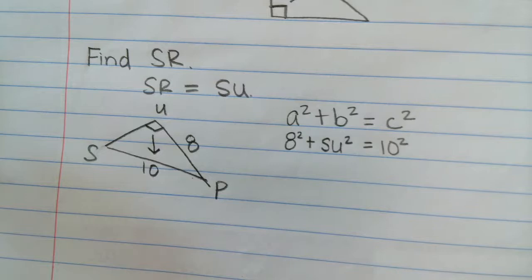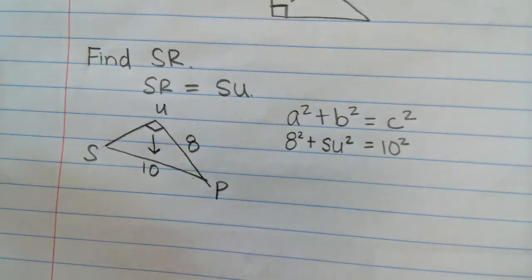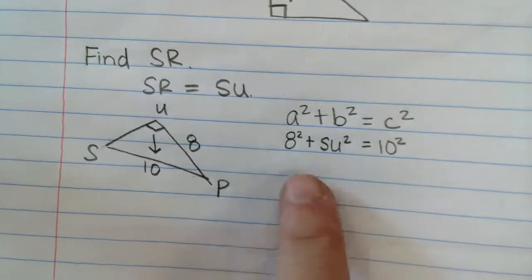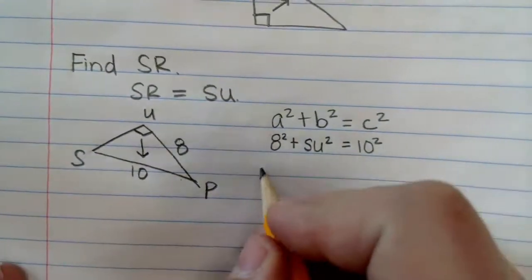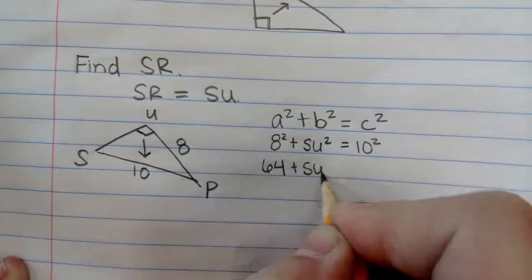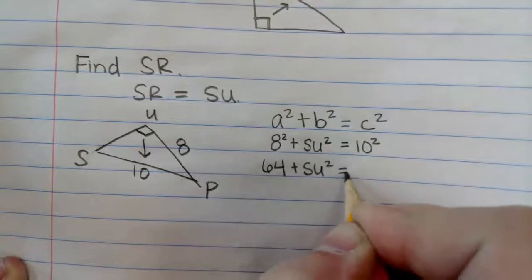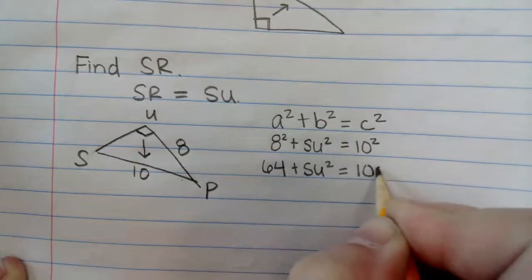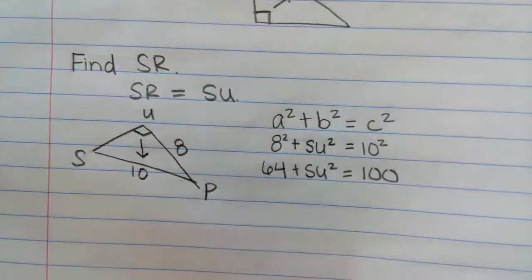What does it mean to have something squared? Not times 2, multiplied by itself. So what is 8 times 8? 64. What is 10 times 10? 100. And then we're going to solve that.